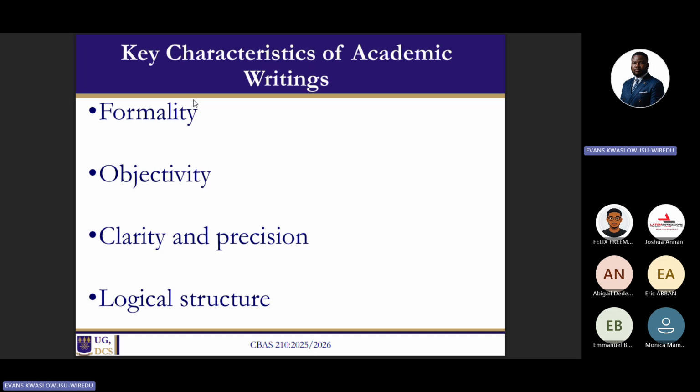The look of your writing to your colleagues in your profession must always be professional, and your communication must have its aim. We are also going to talk about clarity and precision.